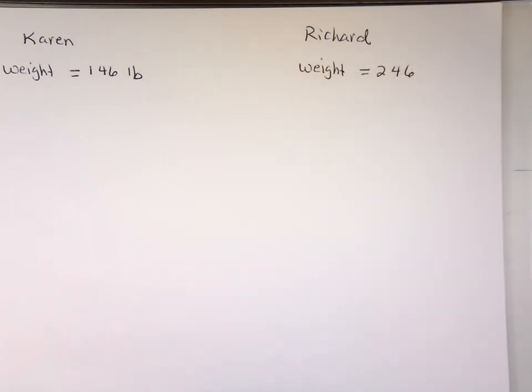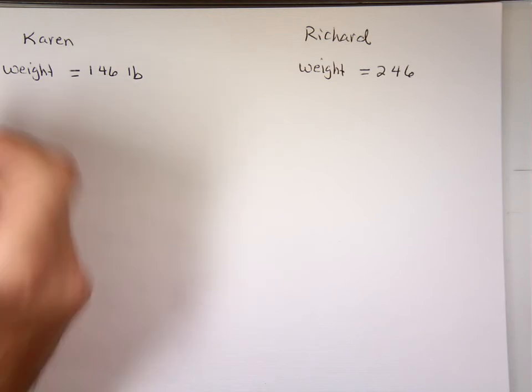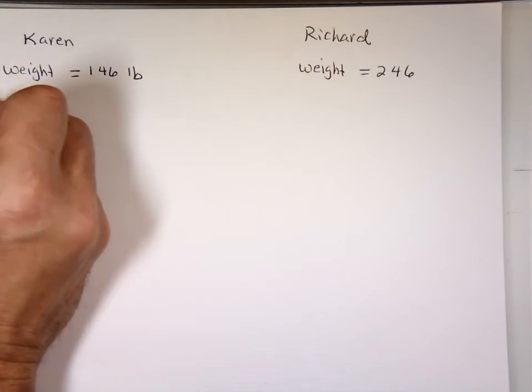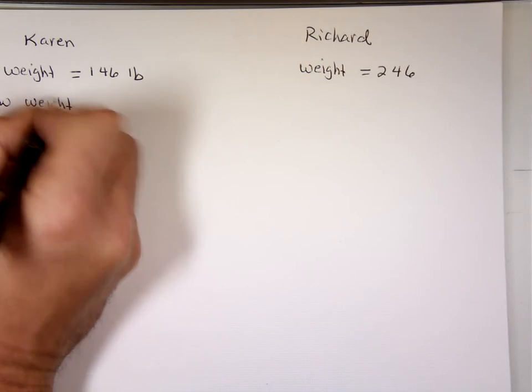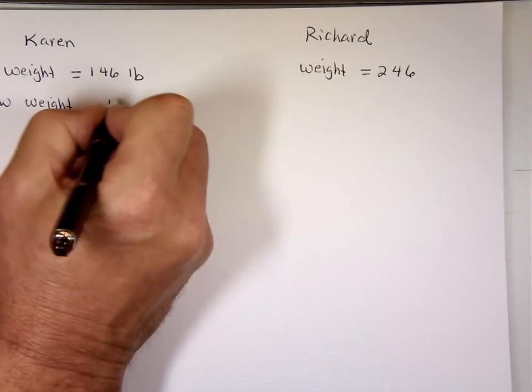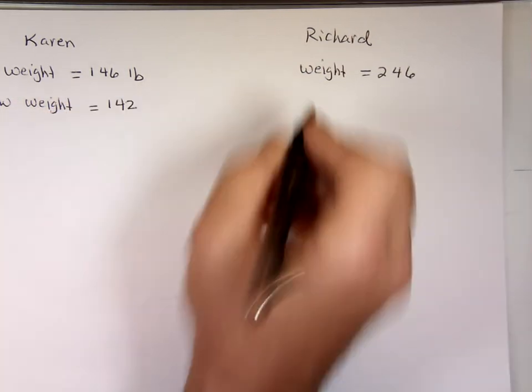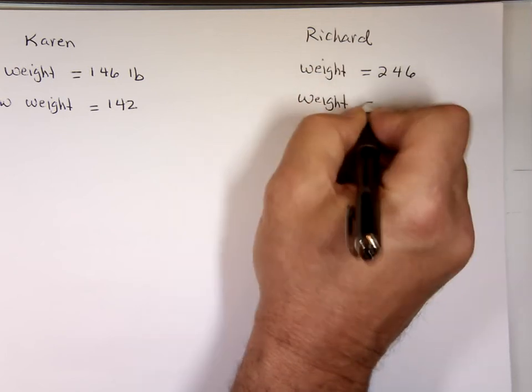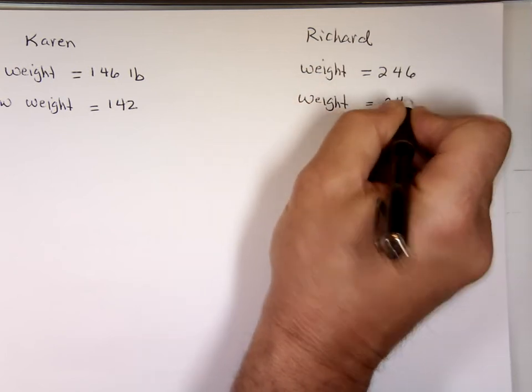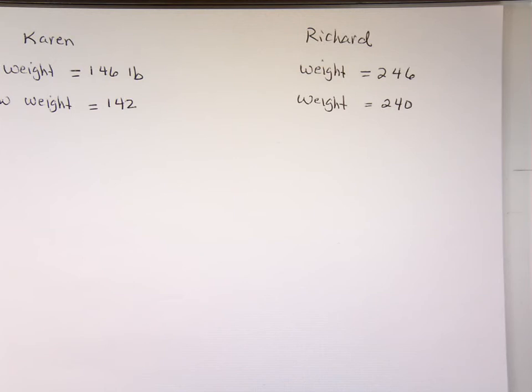They go on a diet, and the new weight for Karen is 142 after 1 week. The new weight for Rick is 240. The one that lost the least amount, percentage-wise, is going home.